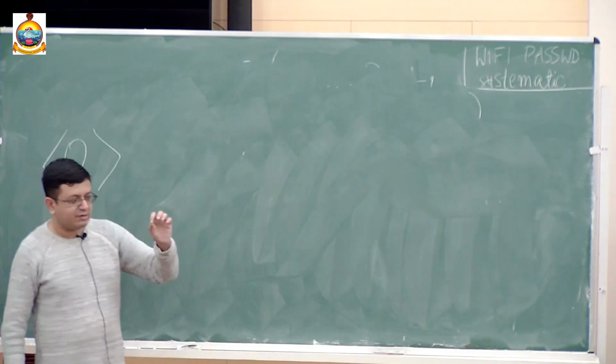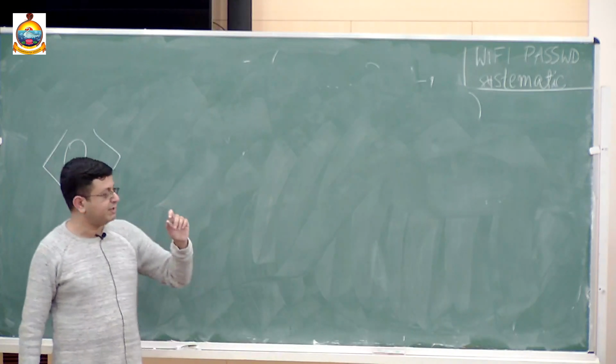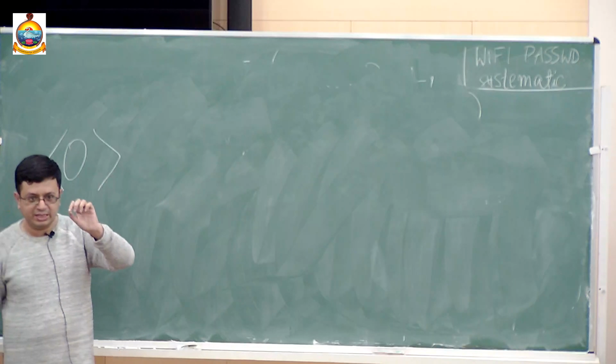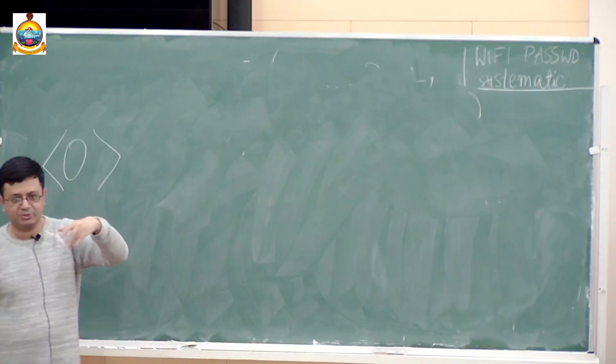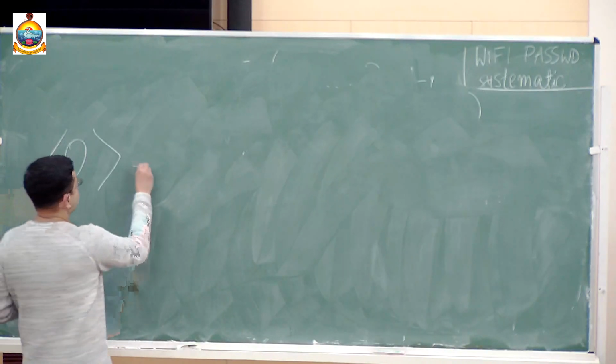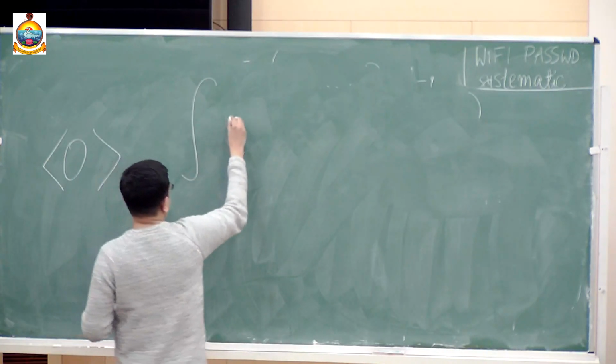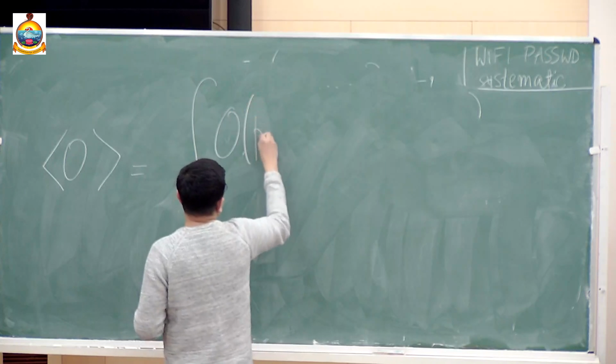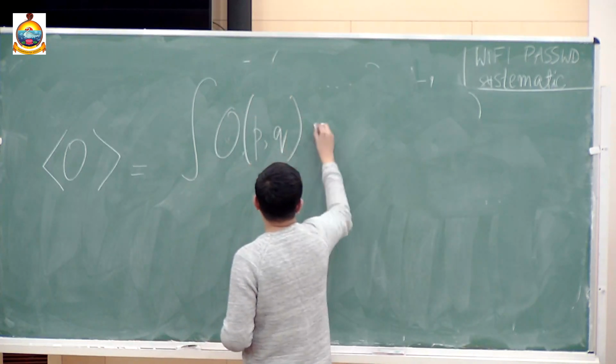Let's say I am asked to do it on a computer. What I do is, for every microstate, I compute this value of O, and then I ask how many microstates there are of this type, and so on. This is by definition, so let me just write it and then it will be obvious to you.